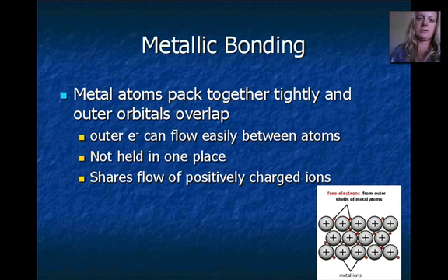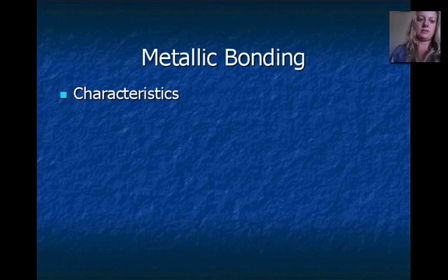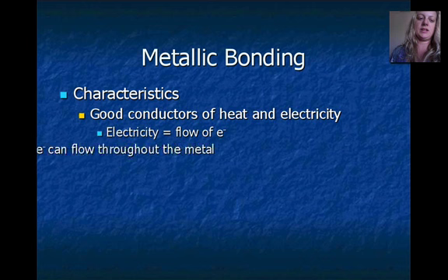If you look at the picture at the bottom, this is a common picture that is used to demonstrate an example of a metallic bond. Anytime you see that it's the positive ions that are flowing, that's going to be an example of a metallic bond. This allows them to create heat and electricity.